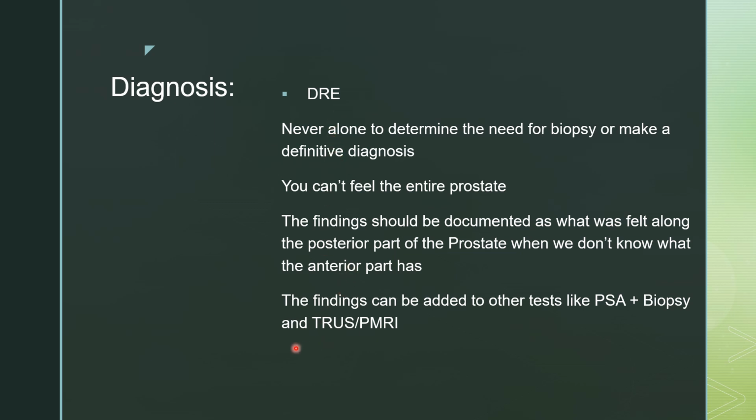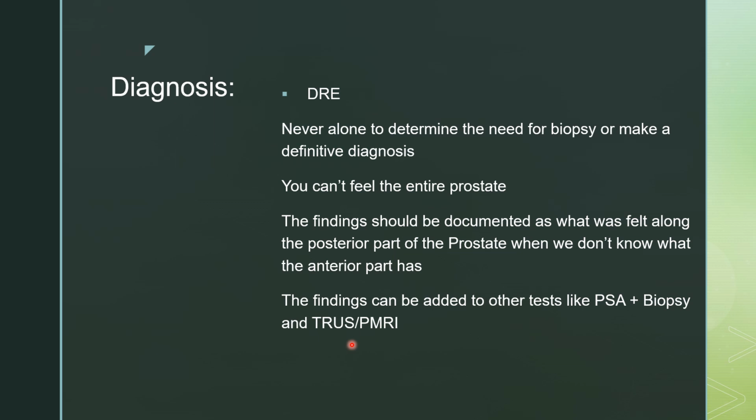So have your PSA level, have your transrectal ultrasound to look at the prostate, have your prostatic magnetic resonance image to determine whether you have the need for biopsy. Let the biopsy be done. Let's have the histology report. Then the grading is done by the pathologist.